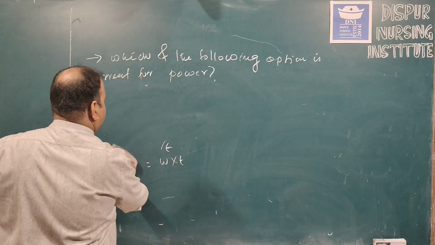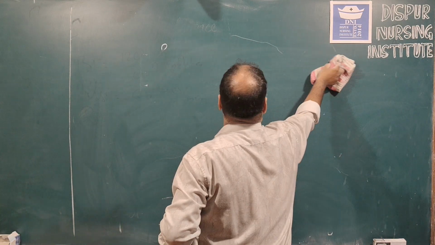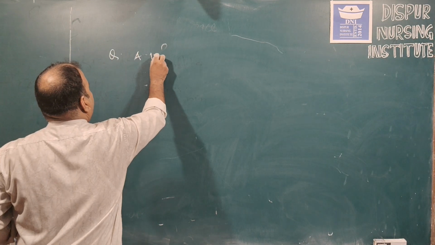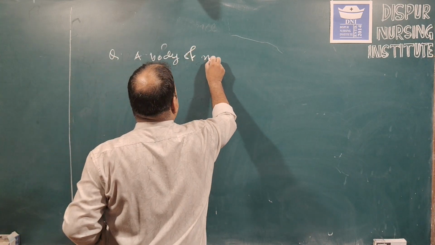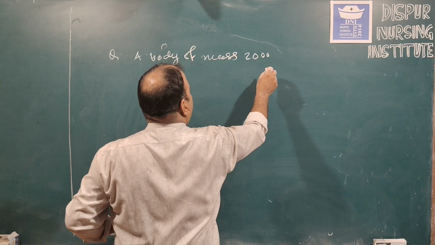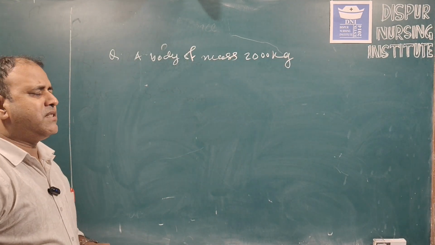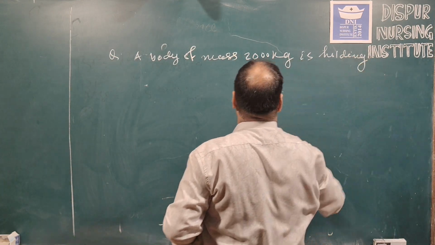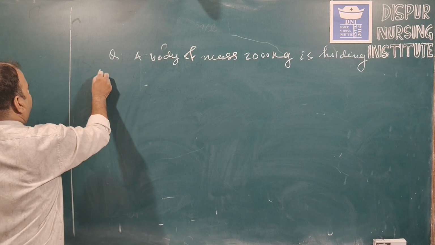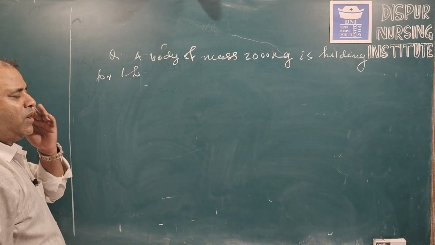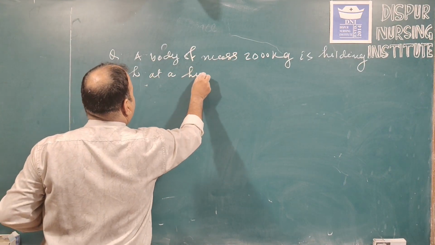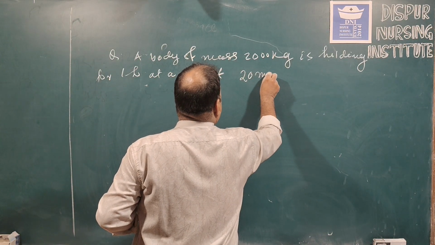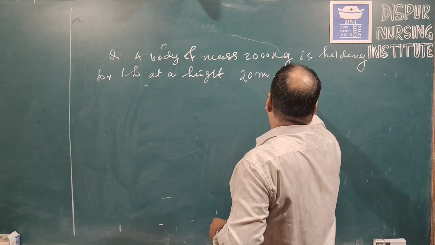Now the next question you see. Suppose you have been given a question that a body of mass 2000 kg is holding for 1 hour at a height of 20 meters.